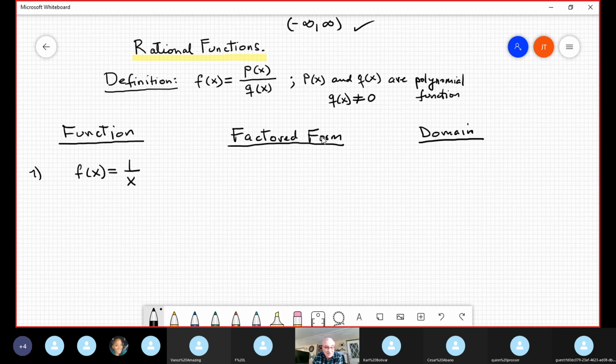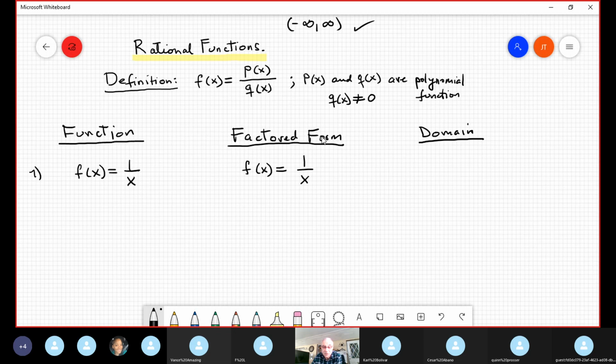And 1 over x is a reciprocal function. The factored form is exactly the same, because in this case the rational function is formed by, on top, a monomial of degree 0 because it's constant, and the bottom is also a monomial, degree 1. So it's impossible to do anything extra to factor it.